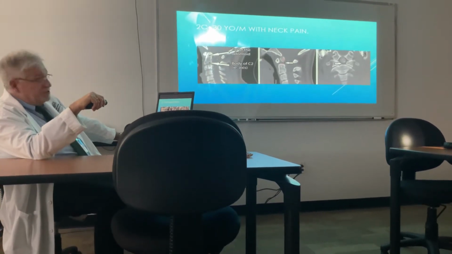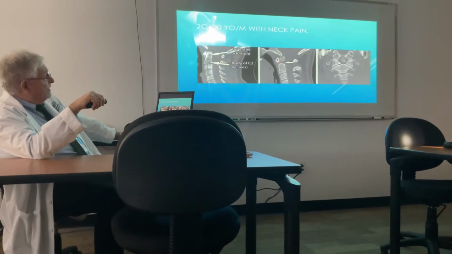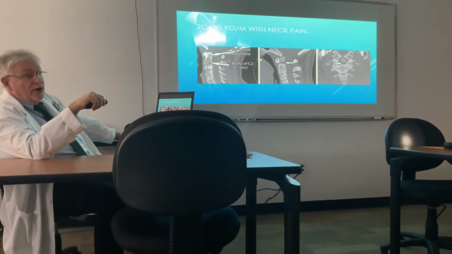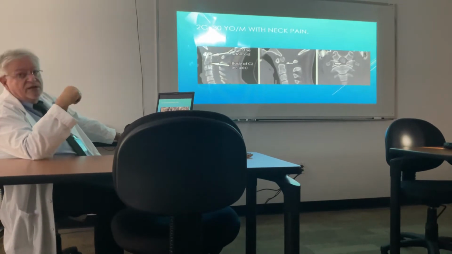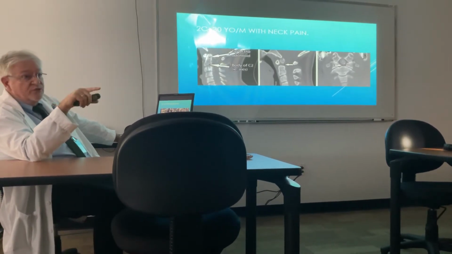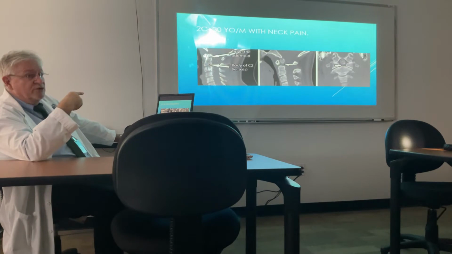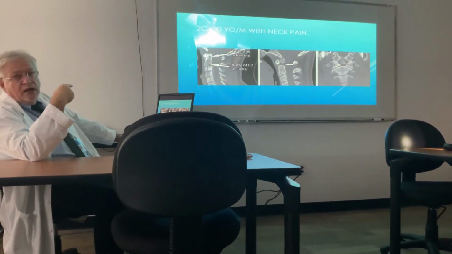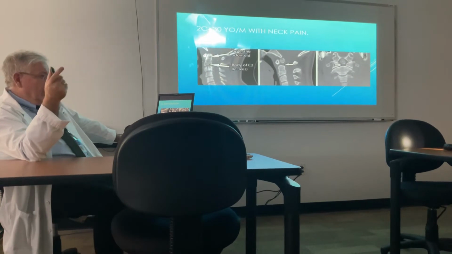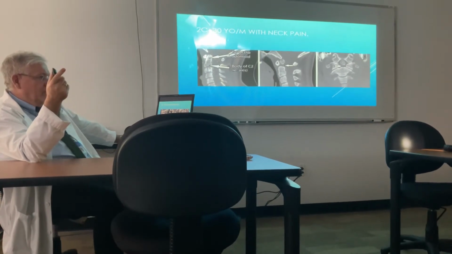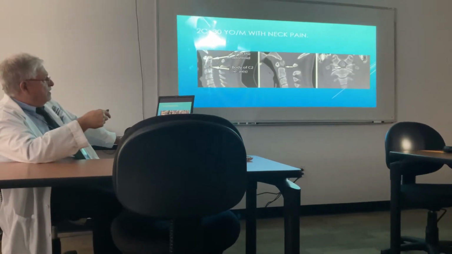Yes, this should be attached to this body. So what do we have? Os odontoideum, okay? You'll see an os odontoideum when we do our cases, okay? May not necessarily put an os odontoideum on your next set of written cases, all right?